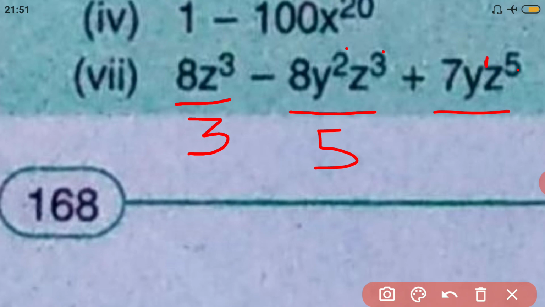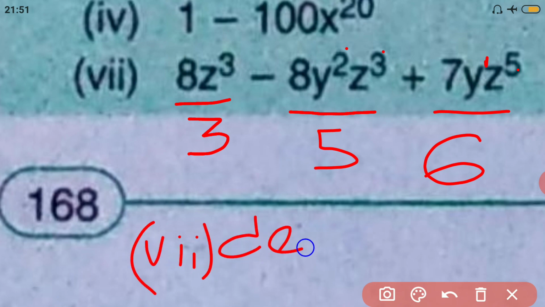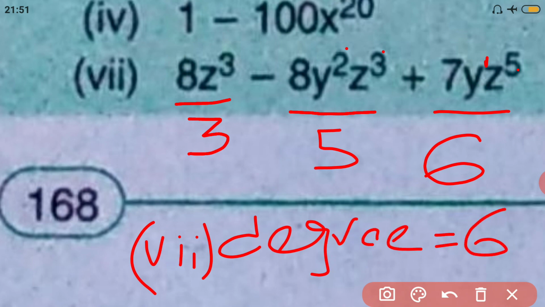If there is no power, we need to consider it to be 1. So 5 plus 1 will give me 6. So what's the degree of number 7? Degree should be equal to 6. I hope you understood till here. It's quite easy, right?